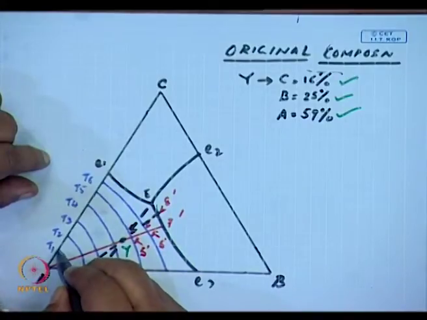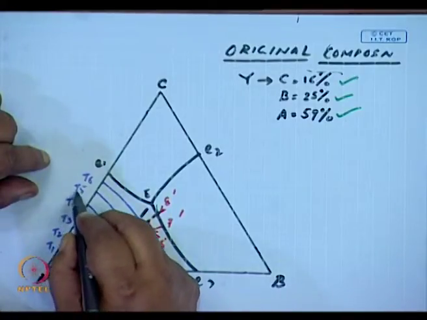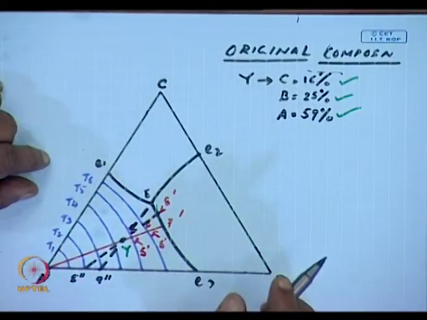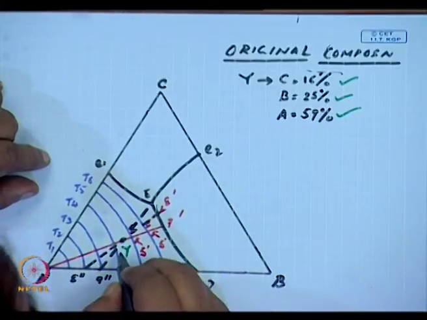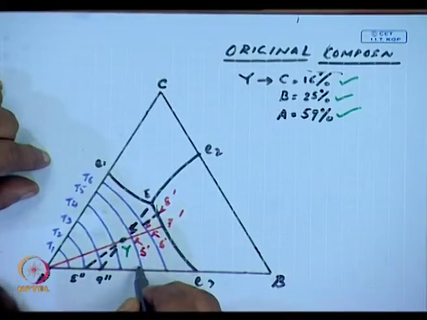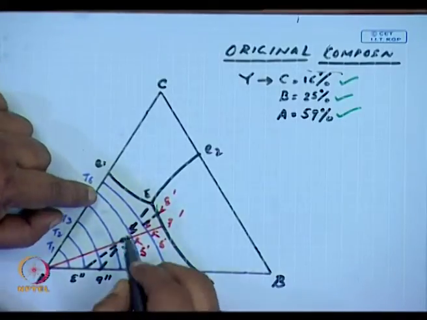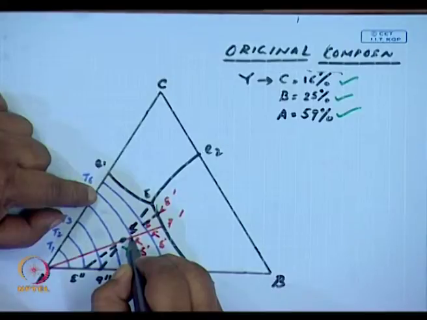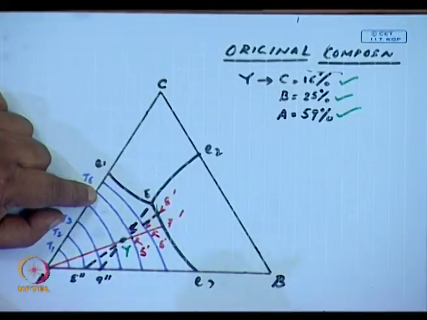These blue lines T1, T2, T3, T4, T5, T6 are the isothermal lines. We see what I have chosen is where this tie line intersects, say T5. I have chosen, say, this particular point 5. This is where it intersects.